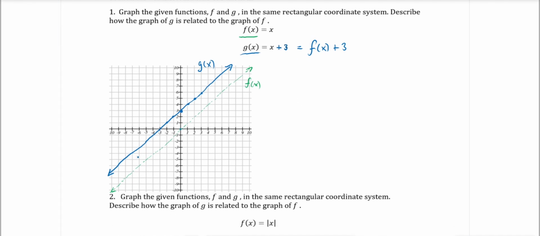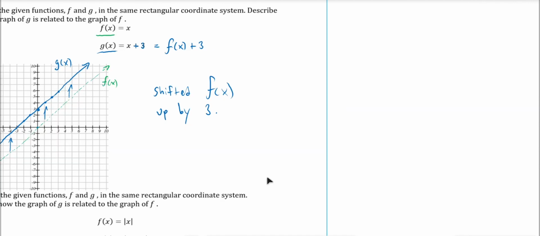So let's describe what's happened. Well, every single point on f of x was increased by 3 units. We have shifted f of x up by 3 units. As we go, I'll remark on the rules that we could extract from each one of these examples.